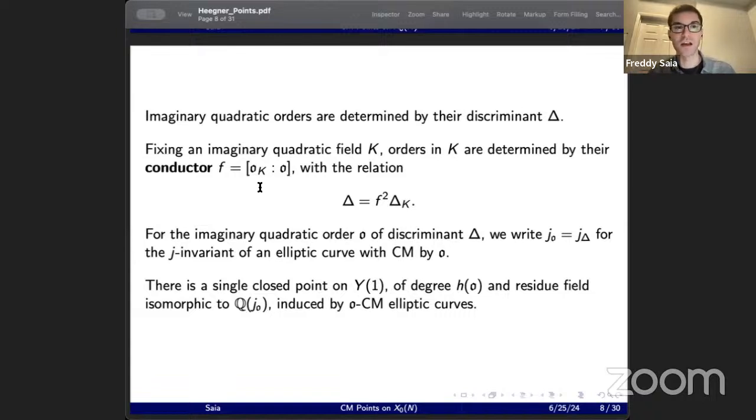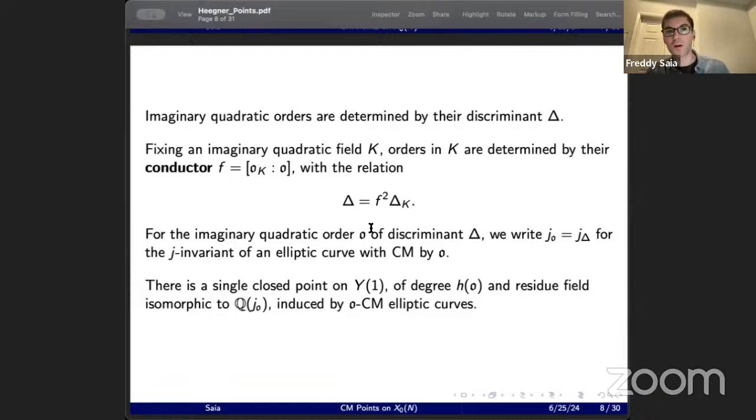So this is just the index of O in the full ring of integers OK. And here's your relation between discriminant and conductor, right? The discriminant of your order is your conductor squared times the discriminant of your maximal order. So we'll use either of these data throughout the talk to refer to a CM order.